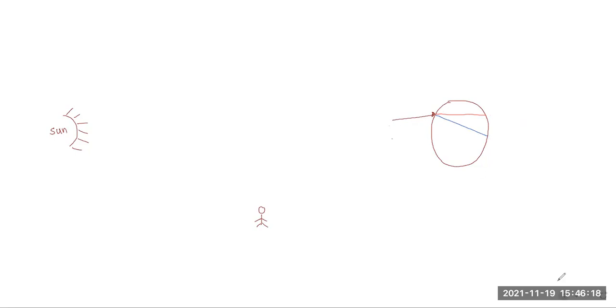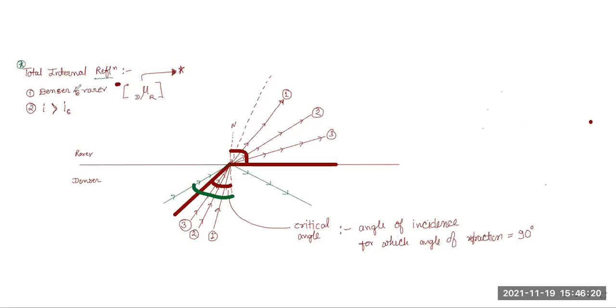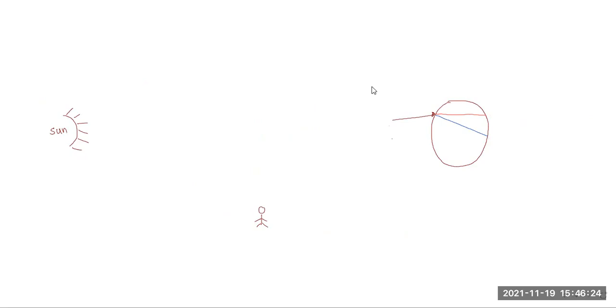The reason is that the first condition itself is denser to rarer, whereas here the light is traveling from air into water. So here only dispersion takes place. Now the light travels to the other edge, trying to travel from water to air.